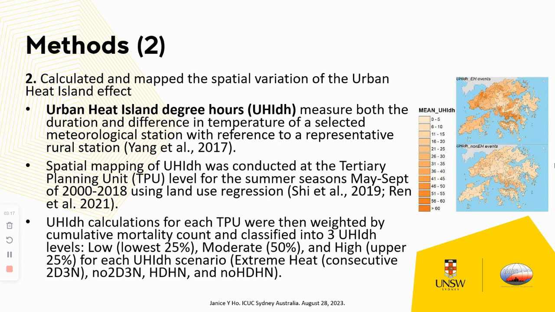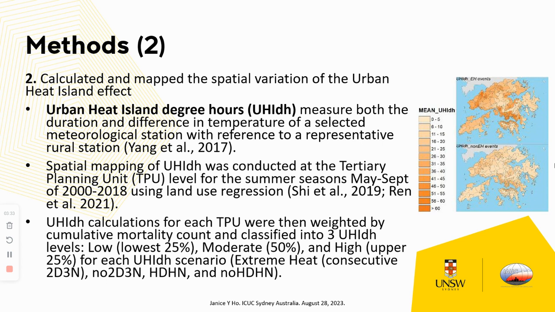Similar to what was shown earlier, you can see up top is the map of the UHI during extreme heat events, and the lower map shows those during non-extreme heat events. There's a little bit of a color contrast.